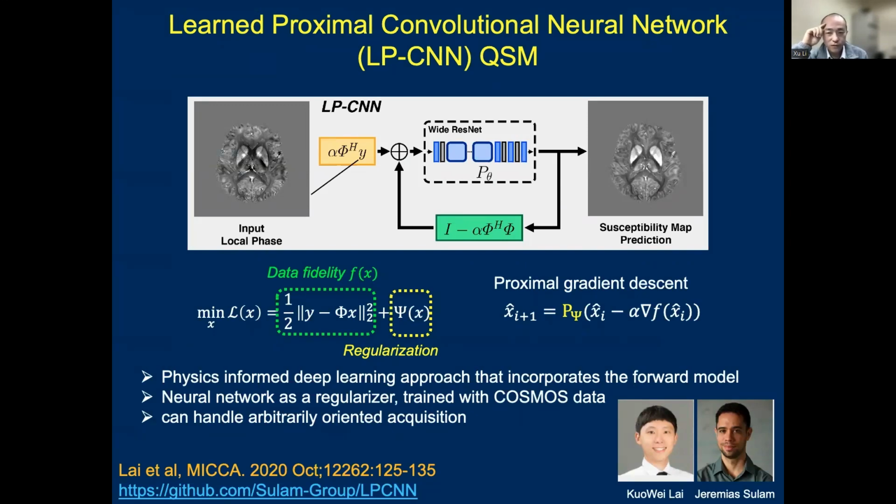This work was in collaboration with Jerry Myers and Kuo Wei in the biomedical engineering department. Basically the idea is we only use the neural network as a regularizer and make it learn some prior information that we commonly use in the conventional iterative optimization.